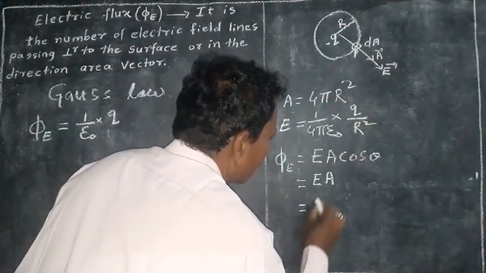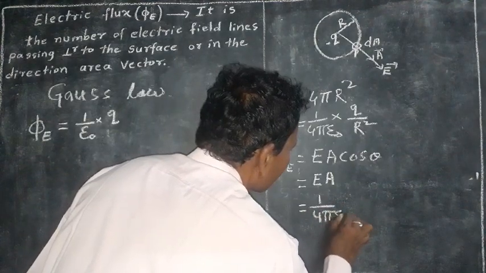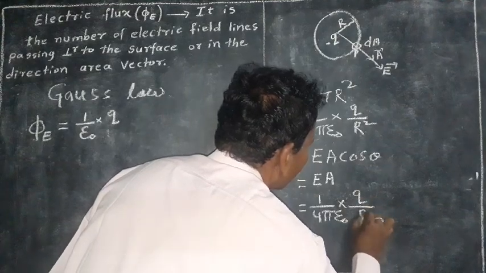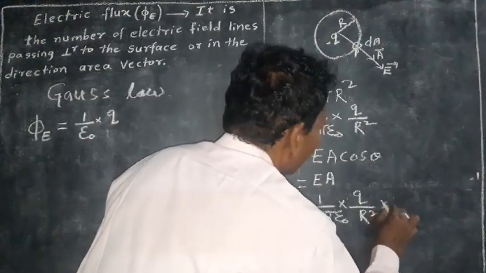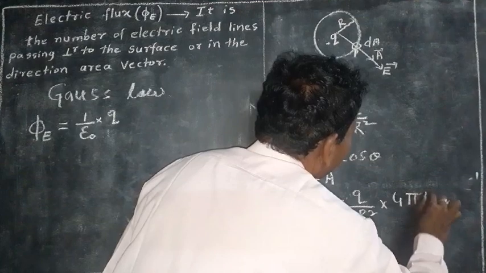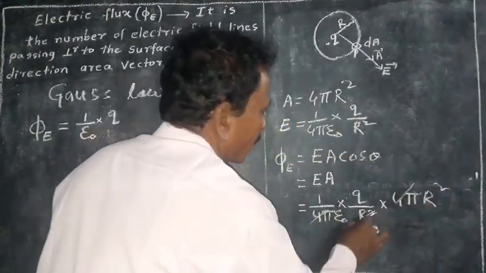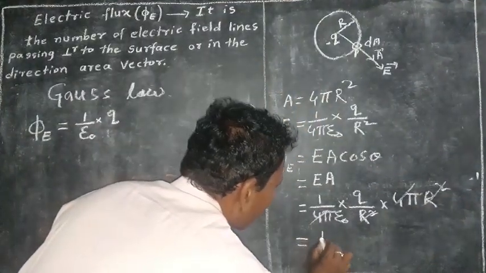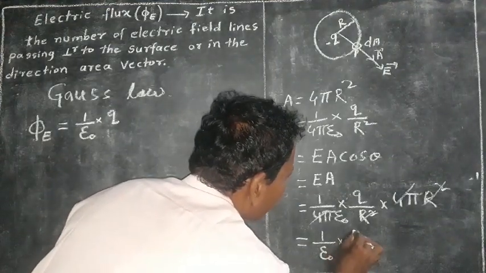Hence, intensity is 1 upon 4 pi epsilon naught into q upon r square. That is E into A. Area of the sphere is 4 pi r square. Here 4 pi gets cancelled, r square gets cancelled, remaining 1 upon epsilon naught into q.